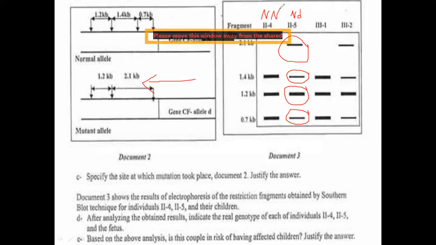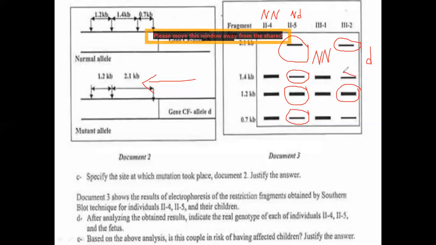Okay, moving now to 3-1. 3-1 has thick bands on the fragments 1.4 kilobase, 1.2, and 0.7, which are the same as the normal. So 3-1 is going to be NN. However, 3-2 has one band of 2.1 kilobase, so sure, it has the allele D, and it has one thick band at 1.2.